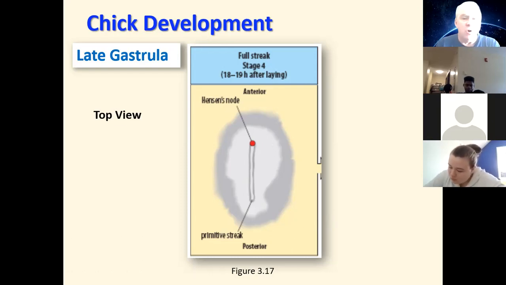And these cells that are going in here at this early stage are going to be head process and precordial plate mesoderm. So the head process will become skull, and the notochord comes out of the head process. Precordial plate mesoderm are other facial mesodermal structures.